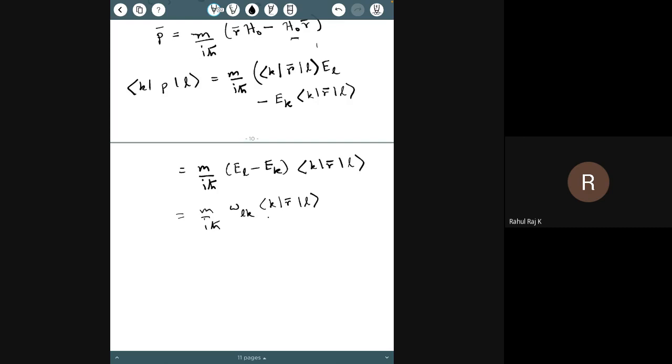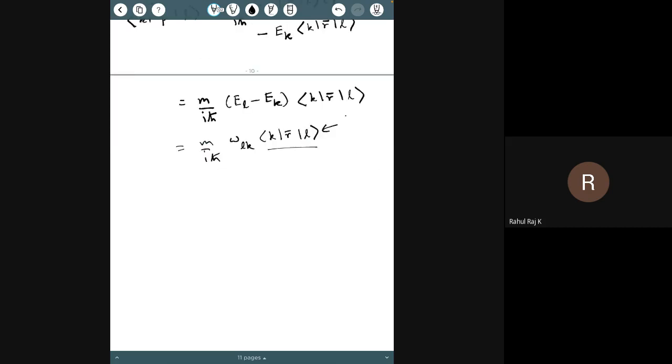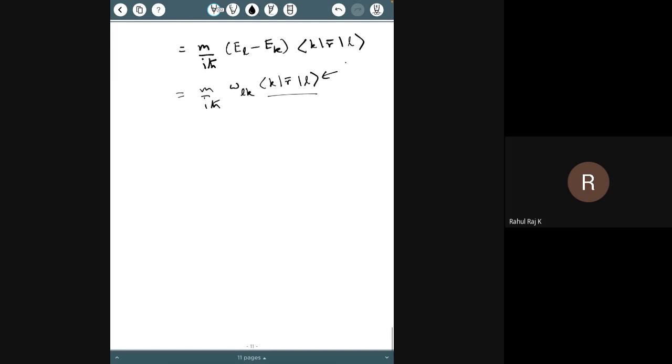So this is what is basically called the dipole matrix element, the electric dipole matrix element. So what is basically implemented in a program when you want to evaluate transition moments is this KRL.